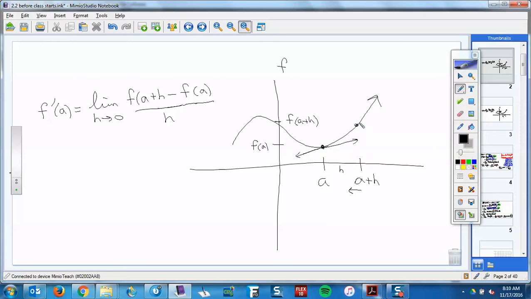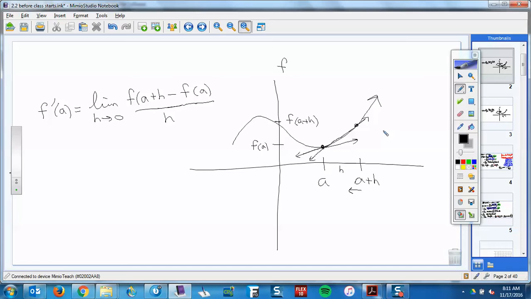We would let the slope between these 2 points here slowly become that tangent line. And I did that thing where I dragged the line, and you could see it do it, right? So that's what we have right there.